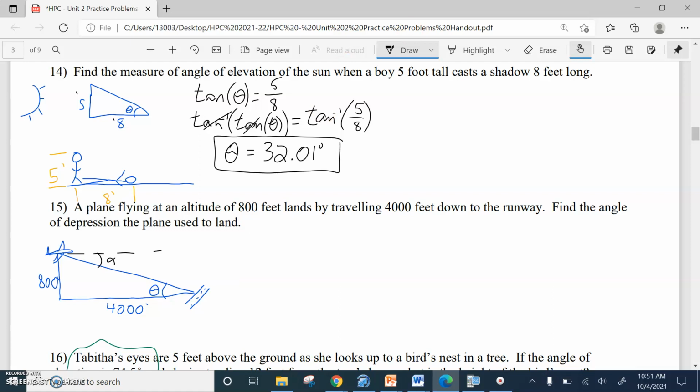So when we have theta, and we are given the opposite and adjacent sides of that angle, we're going to use tangent. And our opposite is 800 feet. Our adjacent is 4,000 feet. Again, to undo the tangent on theta, we take the tangent inverse, and that gets theta by itself. I'm just shorthanding it because we just did a problem exactly like this.